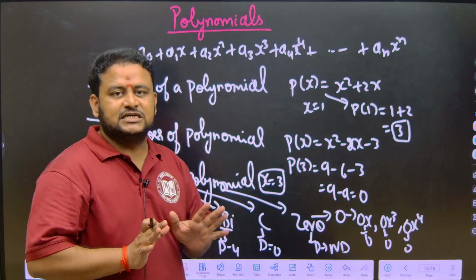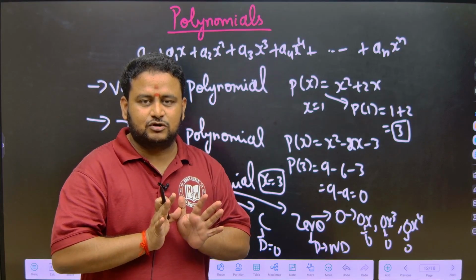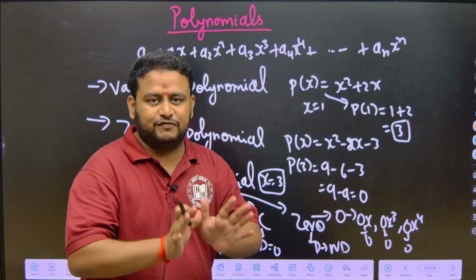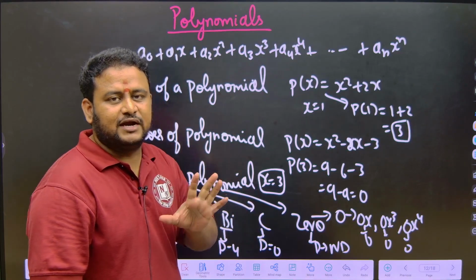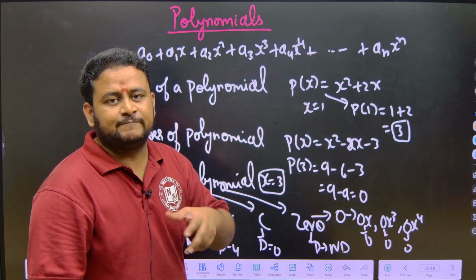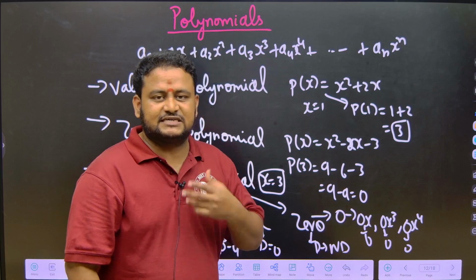In this class, a very important concept is being discussed, that is the geometrical meaning of zero of a polynomial. Yesterday itself I told you what a zero of a polynomial is. Now we will understand its geometrical meaning. Based on that, there is one exercise, exercise 2.1.